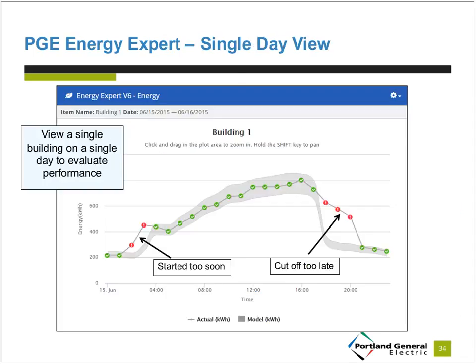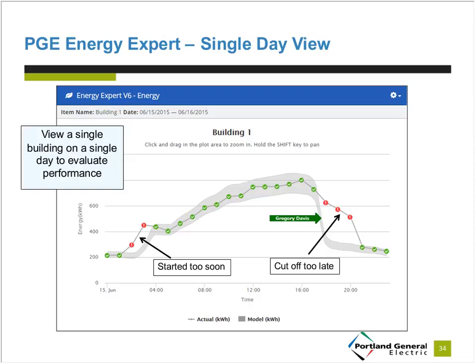In this particular case, we're looking at a single day. And we can see that in the red area here, in the early part of the day, there's a little red, which indicates, well, maybe we started a little too soon. The gray bar that you see around on the chart is really the forecast, so this is what the expected usage was going to be.